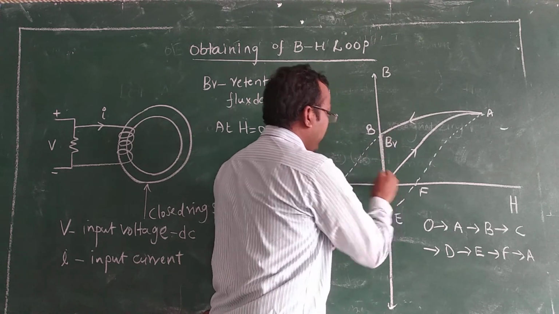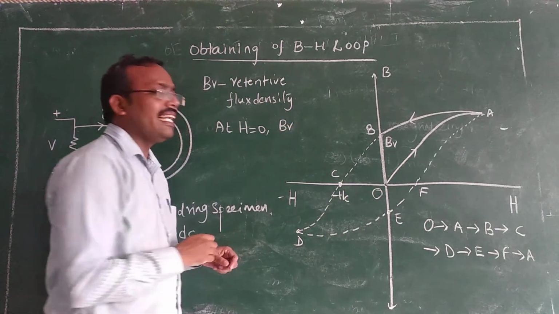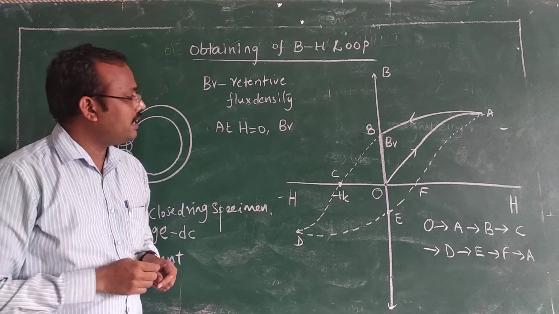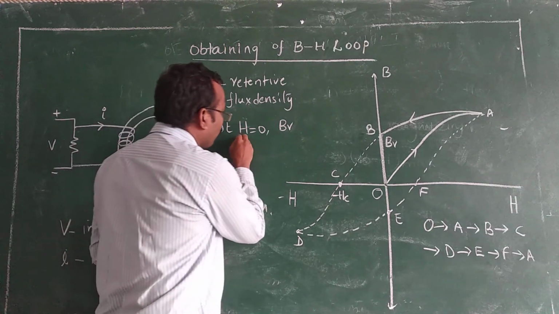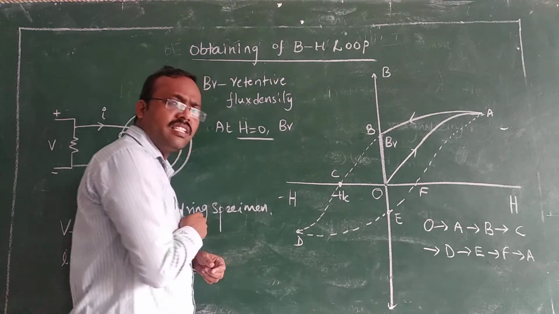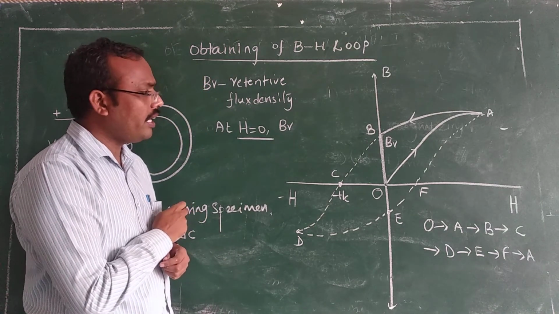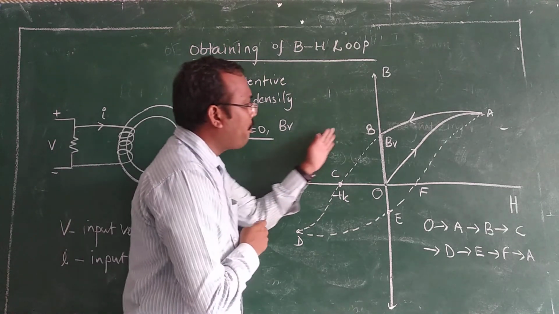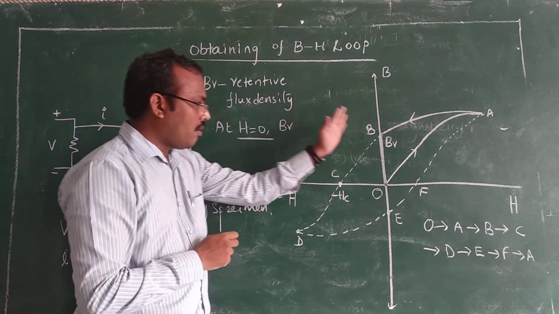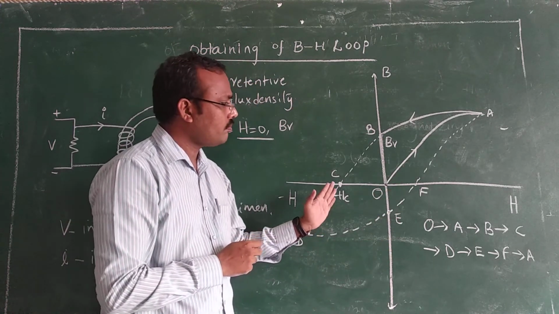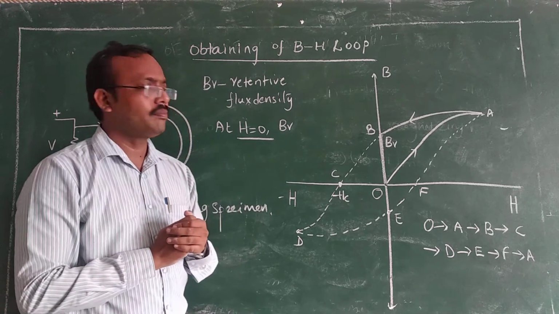During this period the material acts as a permanent magnet, and under such a condition the value of H is 0. So this is a complete BH loop of magnetic materials.